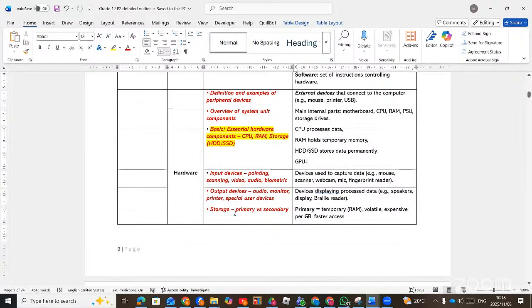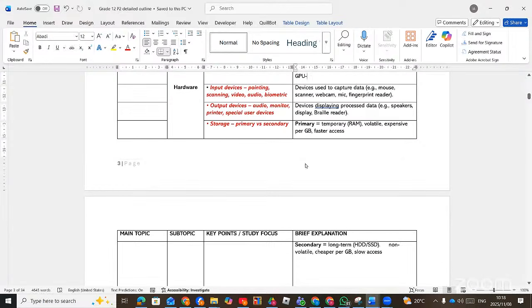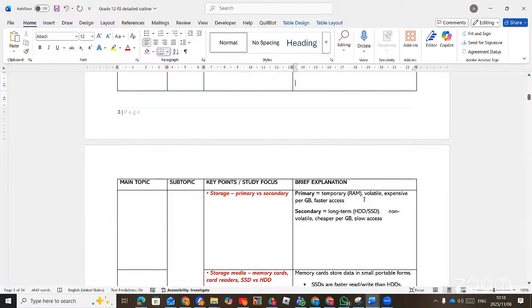Then the storage, we have primary storage and then the secondary storage. Now, when we talk about the primary storage, we are referring to the temporary storage, volatile, like the RAM, which is expensive per gigabyte, and it has faster access. So they can ask you to compare these two by giving two comparisons. So this is temporary, secondary is what?